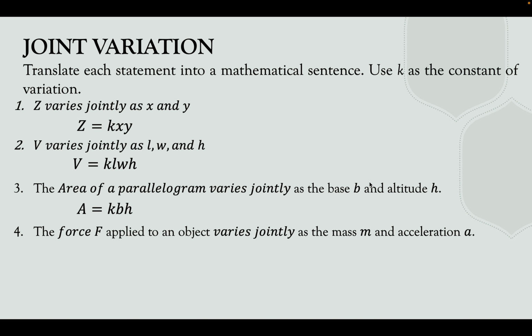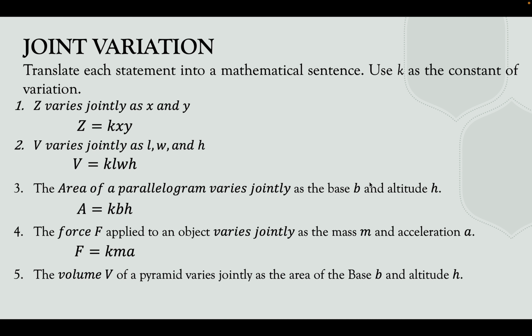The force F applied to an object varies jointly as the mass M and the acceleration A. So we have F equals K times M times A. The volume V of the pyramid varies jointly as the area of the base and the altitude height. So we have V equals K times B times H.